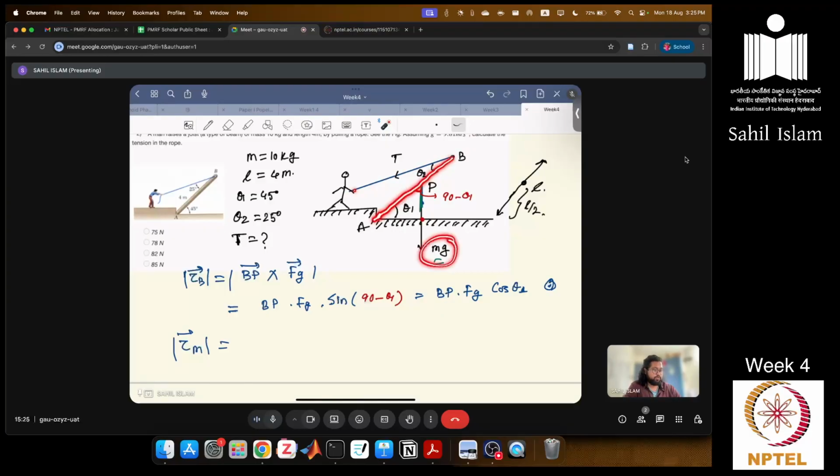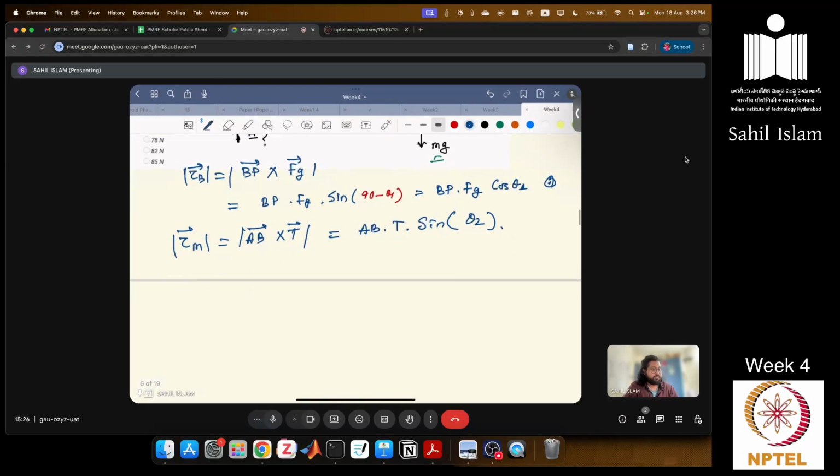The gravitational force was acting from the midpoint, but this man has to hold the whole torque due to the whole beam. So it will become AB cross the tension T. Now this becomes AB T sine of the angle between this and this, which is basically theta 2.